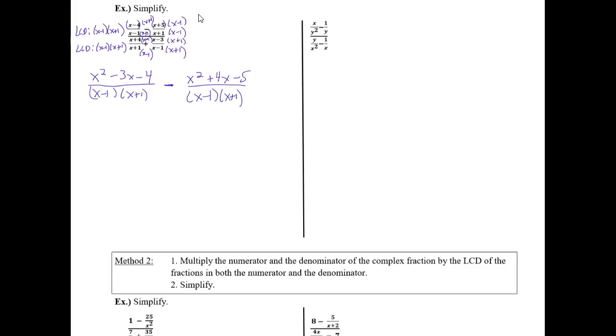Now, I'm going to do the same thing in the denominator. So those were just the fractions in the numerator. In the denominator, now I'm going to multiply x plus 4 times x minus 1.